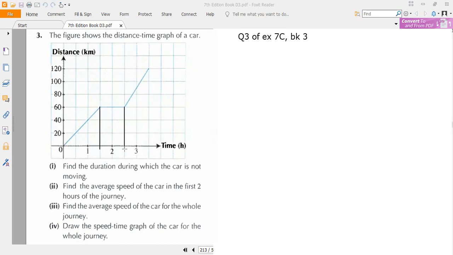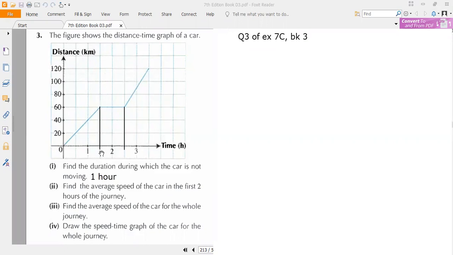They are saying find the duration in which the car is not moving. So how much is the duration? The duration in which the car is not moving is 1 hour. So the answer for this one is 1 hour.